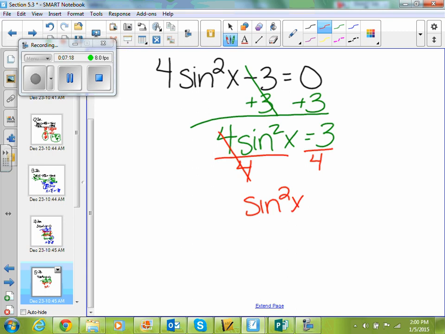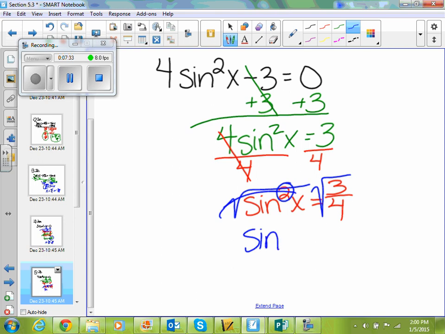So sine squared of x equals 3 over 4. The last thing we need to get rid of is this squared, which we said we do by square rooting everything. The square root of 3 is just the square root of 3, and the square root of 4 is 2, so I get square root of 3 over 2. So I need to look for sine values where I get square root of 3 over 2.